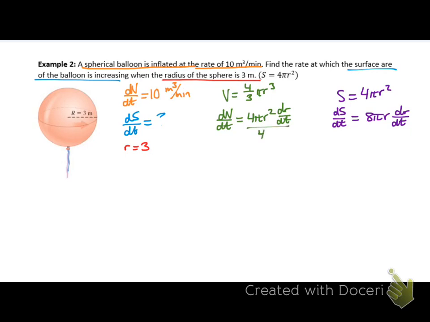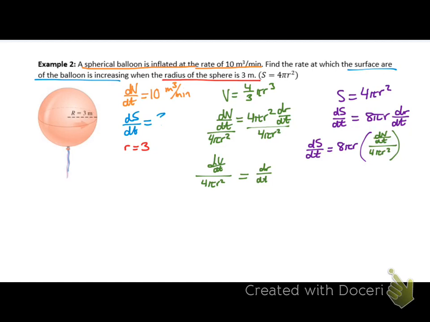So let's go ahead and do that. We're going to divide by 4 pi r squared, which means that dr dt is equal to dV dt divided by 4 pi r squared. Now we're going to take that and plug it into the purple equation where we have dr dt, which means that dS dt, which is what we're solving for, is 8 pi r times dV dt over 4 pi r squared.